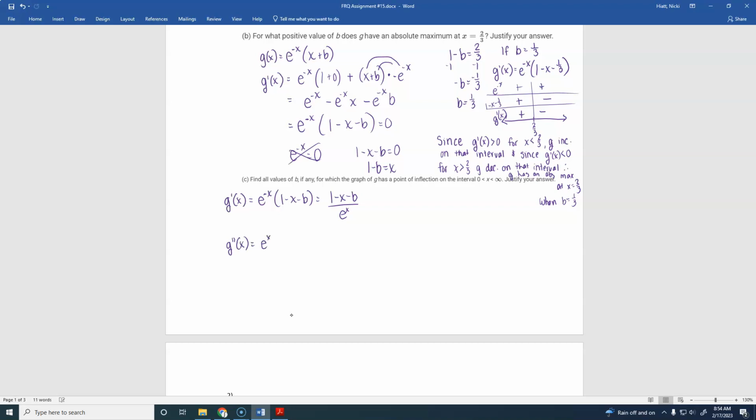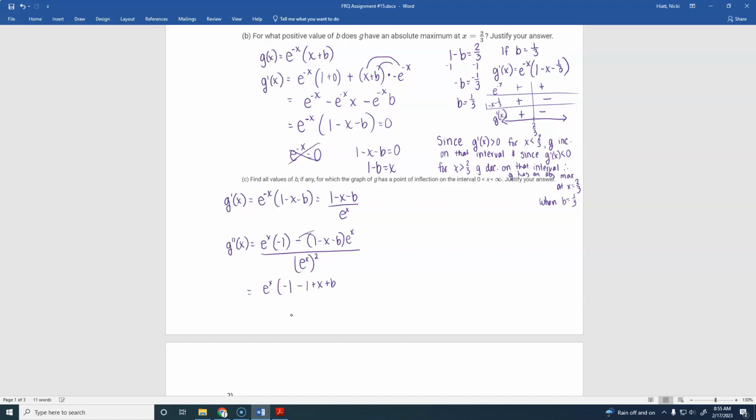So if I use quotient rule, it'd be e to the x times, this is just going to be a negative 1 when we take that derivative, minus 1 minus x minus b times the derivative of e to the x, which is e to the x, all over e to the x squared. So you can factor e to the x out of the top. It's going to leave you with a negative 1 minus 1 plus x plus b.